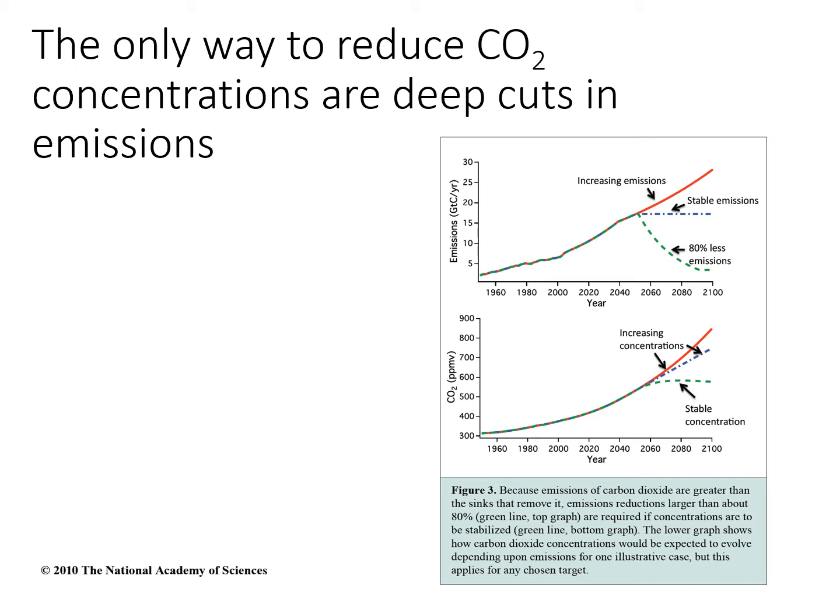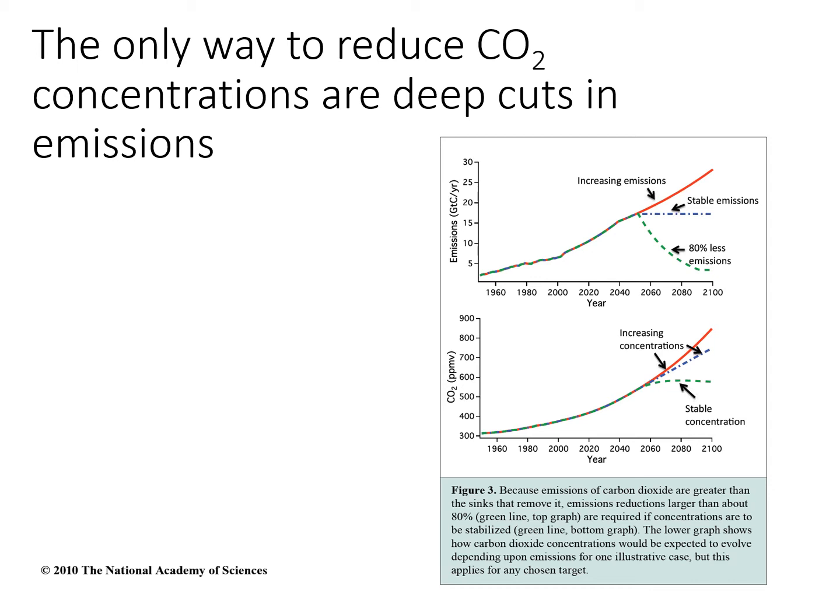Here, carbon dioxide emissions are shown in the upper plot and the concentration of carbon dioxide in the atmosphere in the lower plot. Time is on the x-axis going from 1960 to 2100. To stabilize emissions at 540 parts per million by the year 2050, this is shown in green, we need to reduce emissions by at least 80% by 2100.